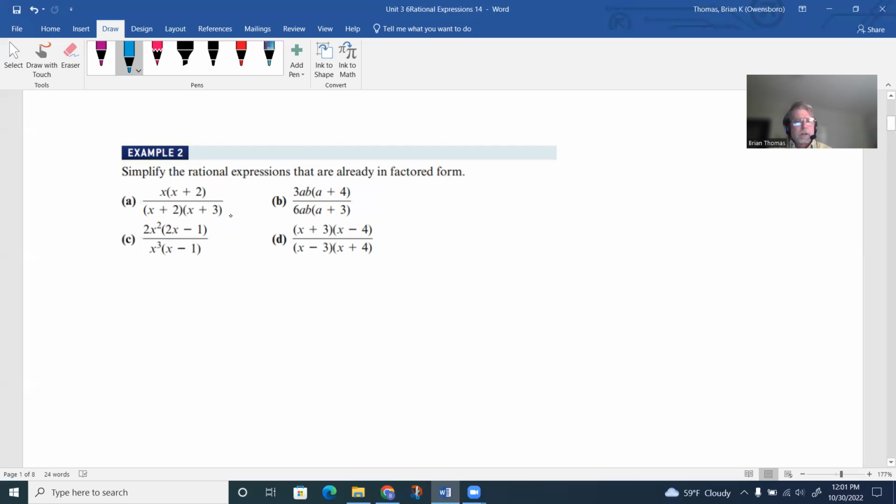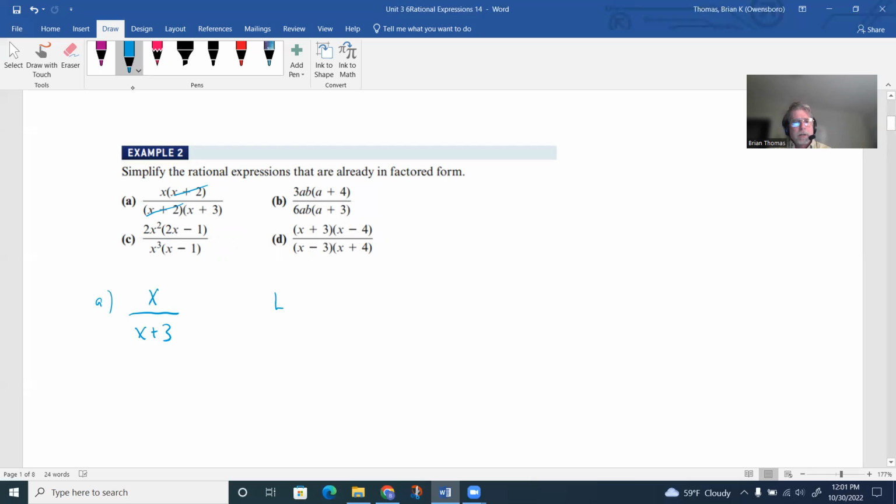And notice how in factored form, if we can see like factors, we can cancel them out. So if you look at A, notice how the x plus 2's are the same on the top and bottom. So we're allowed to remove those. So that x is on the top, and then x plus 3 is the factor that's remaining on the bottom. And that would be described as simplified.